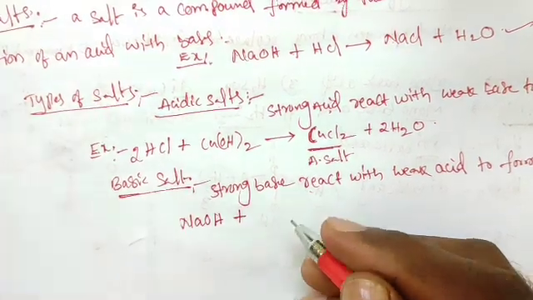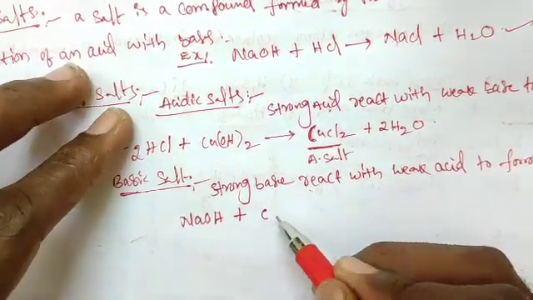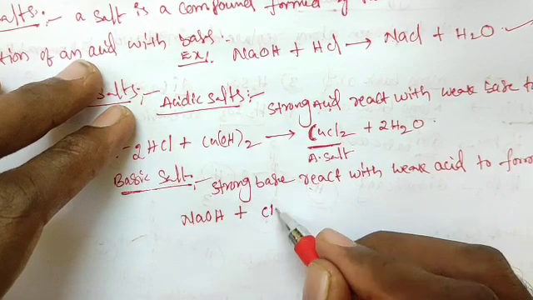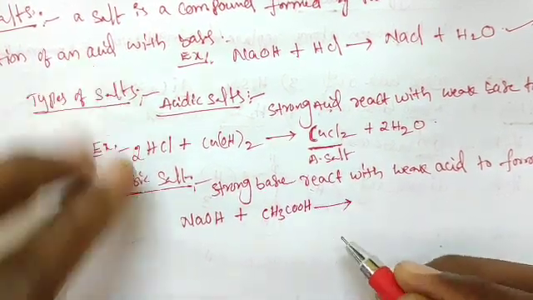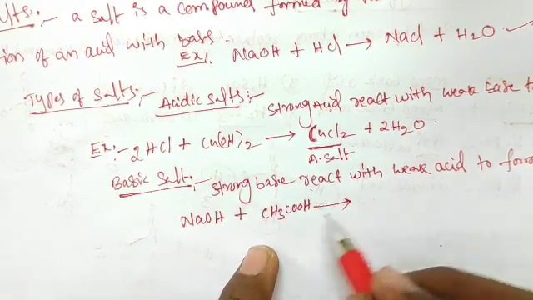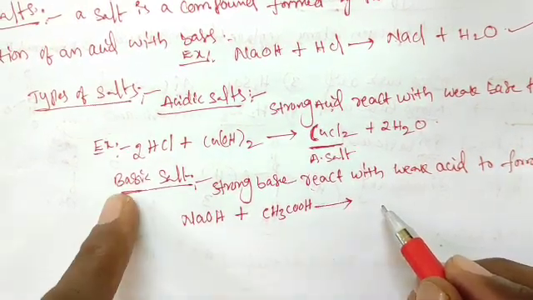Which is a weak acid? Like H2CO3 or CH3COOH, acetic acid, which is a weak acid. So a strong base with a weak acid gives a basic salt.